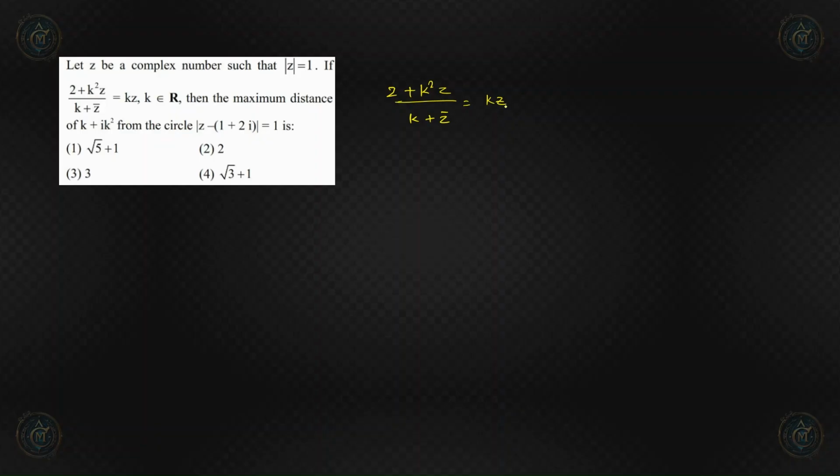And z bar times z we know already is equal to mod of z square. So we can write this as 2 plus k square z equal to k square z plus k mod z square. This gets cancelled, and this thing we already know, it is given in the statement that mod z equal to 1, that means we get k equal to 2.